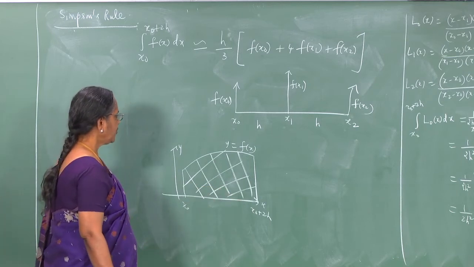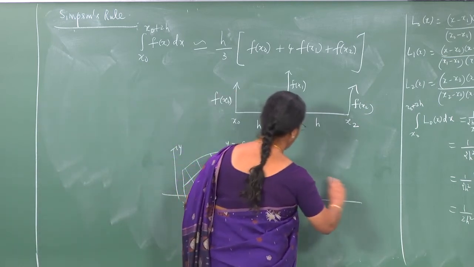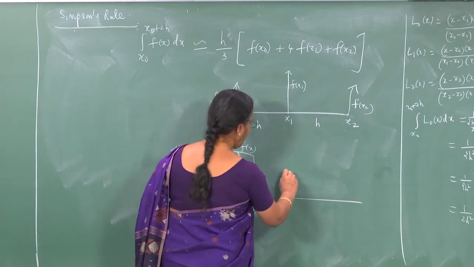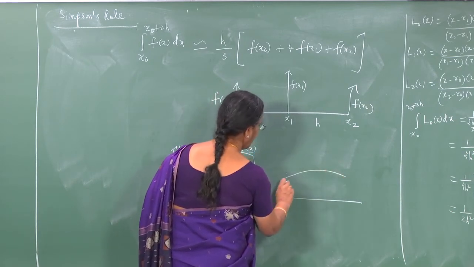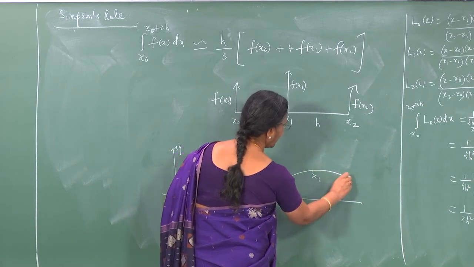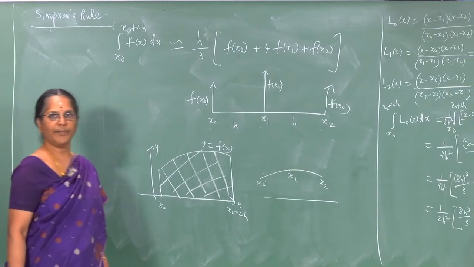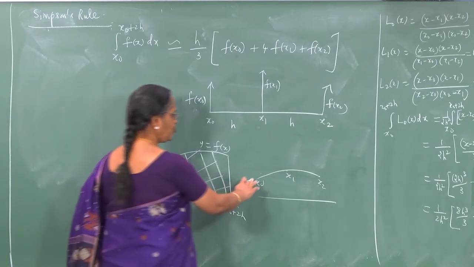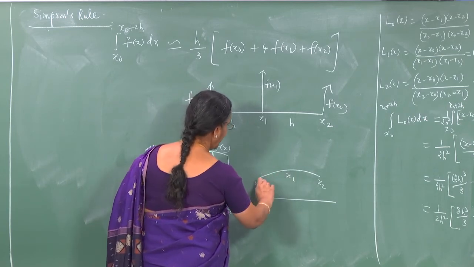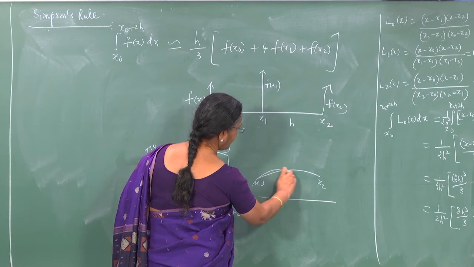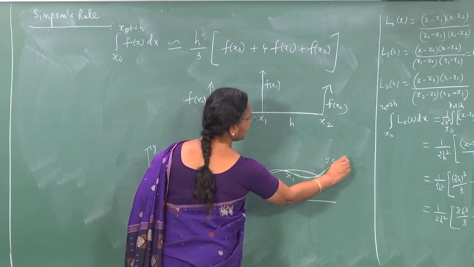So, what did we do? We approximated this function f of x by a parabola passing through the points x0, x1 and x2. So, we have a quadratic interpolation polynomial, namely a parabola passing through these 3 points, so that this parabola approximates this curve, which is y equal to f of x.